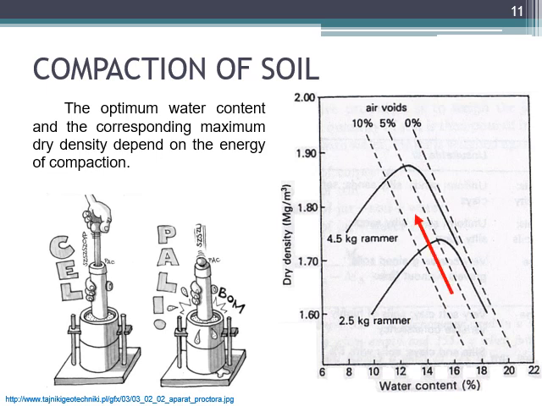You would notice that with the higher energy of compaction, you can get a higher maximum dry density, but a smaller optimum water content.